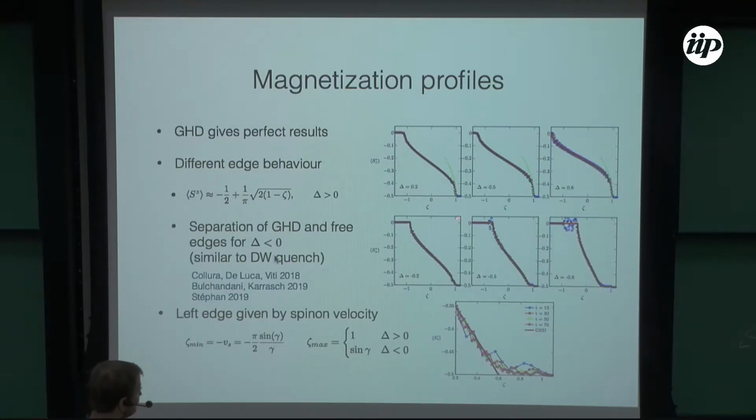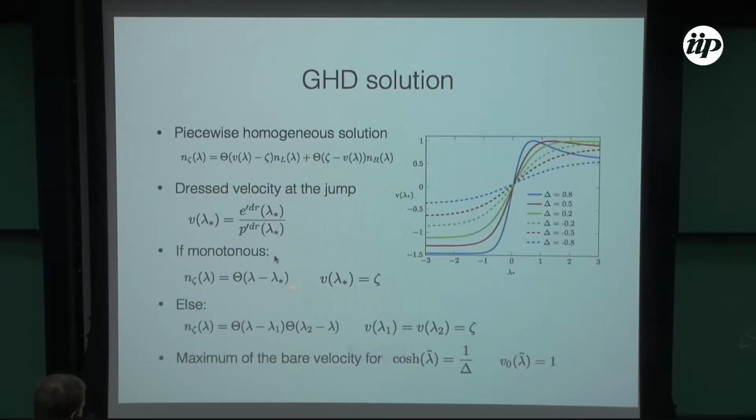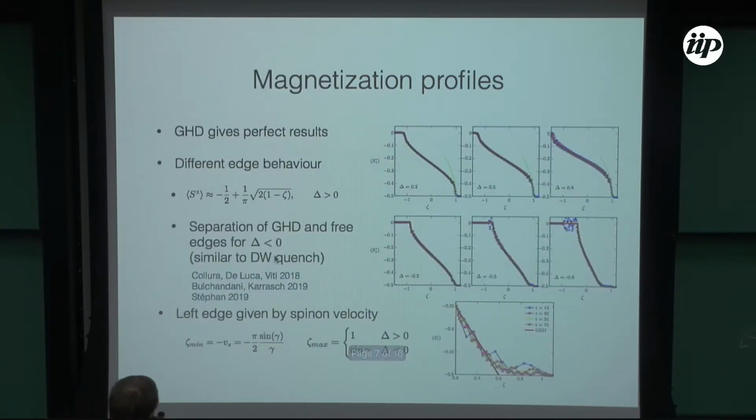The red curves are the solutions of the GHD ansatz, either this one or this one, depending on the value of delta. And the interesting thing is that there are two completely different behaviors emerging for positive and negative delta. For positive delta, if you first look at the curves, they don't seem that much different, but then you can have a look at the details.